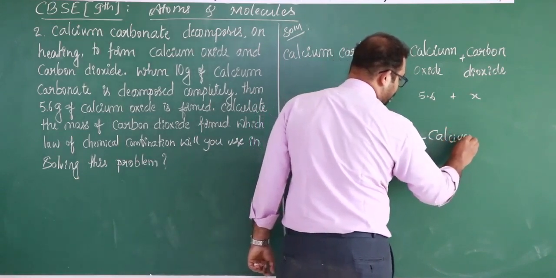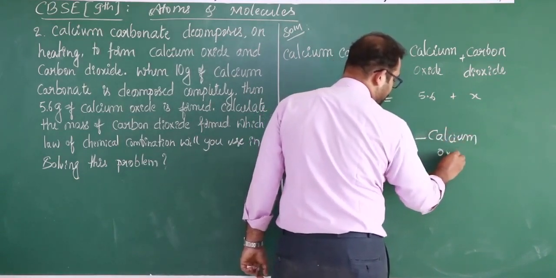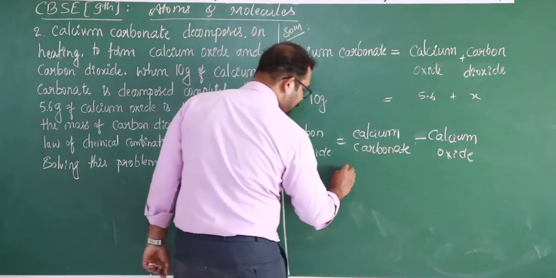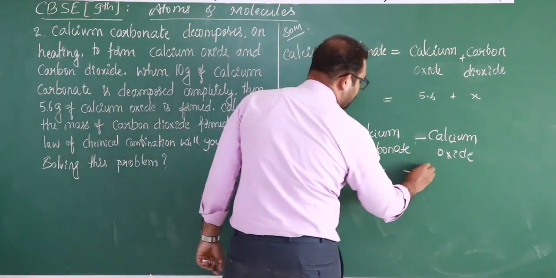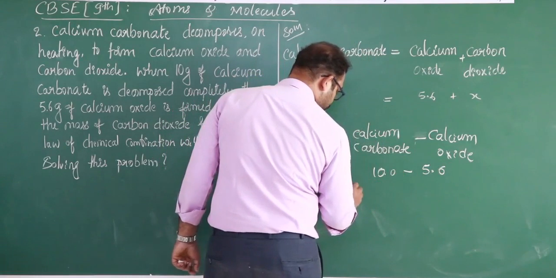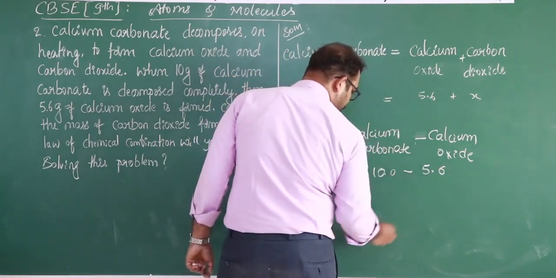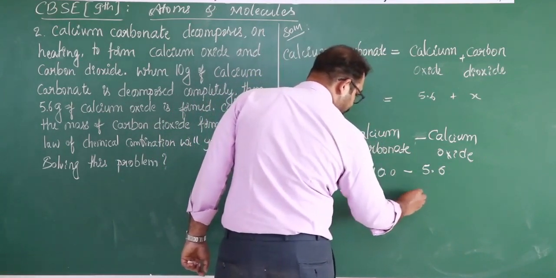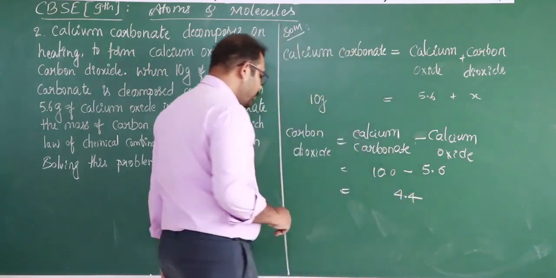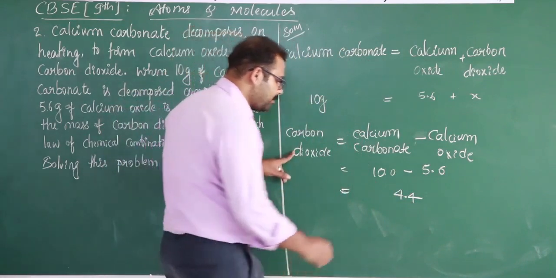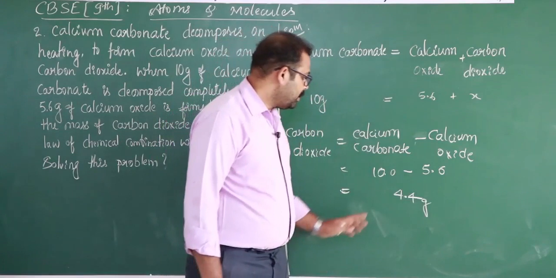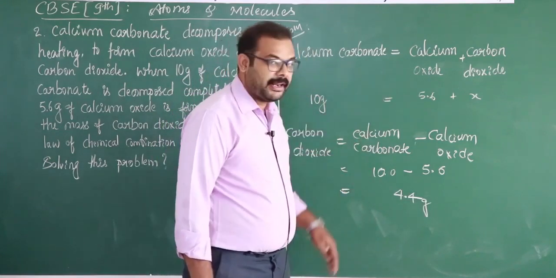Calcium oxide, okay, calcium carbonate is 10 and calcium oxide is 5.6. So you will get 4.4. So now the mass of carbon dioxide is 4.4. Now again we have to add the values here.